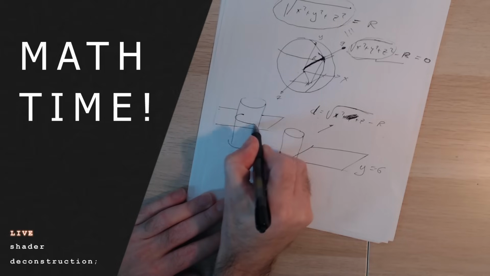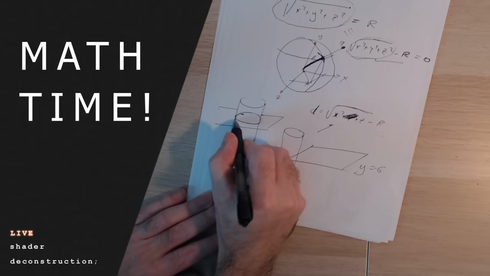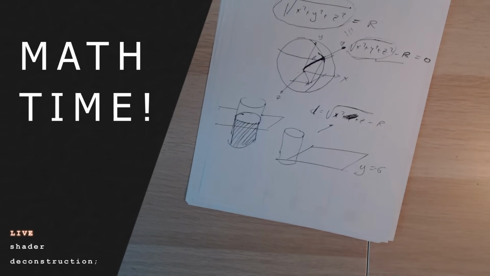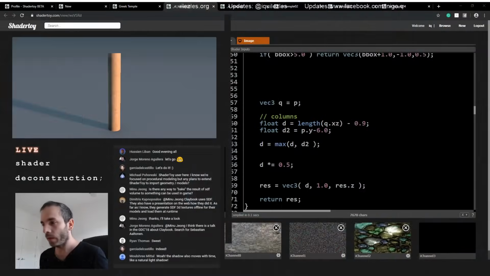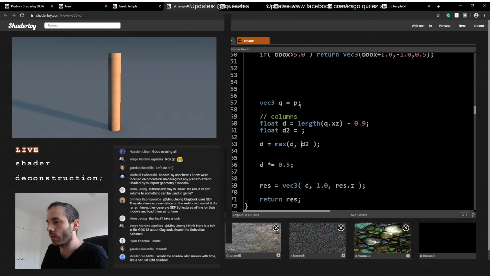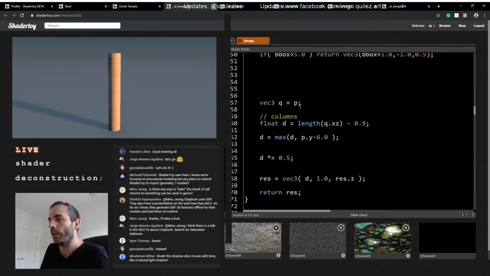We are generating this other cylinder here that is constrained to the plane. So that's what we are doing here. This is the equation, you know, y equals 6, but I equate it to 0 by passing the 6 to the other side of the equation with a negative sign, and that becomes y minus 6, and that's what I input here to create the clamping.